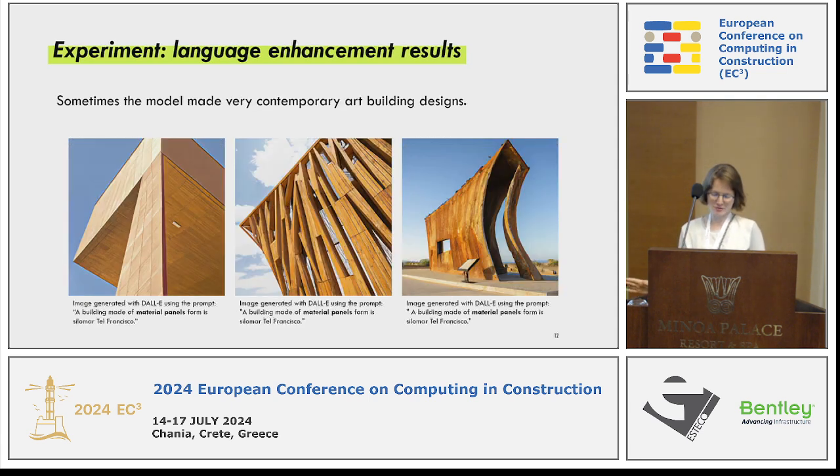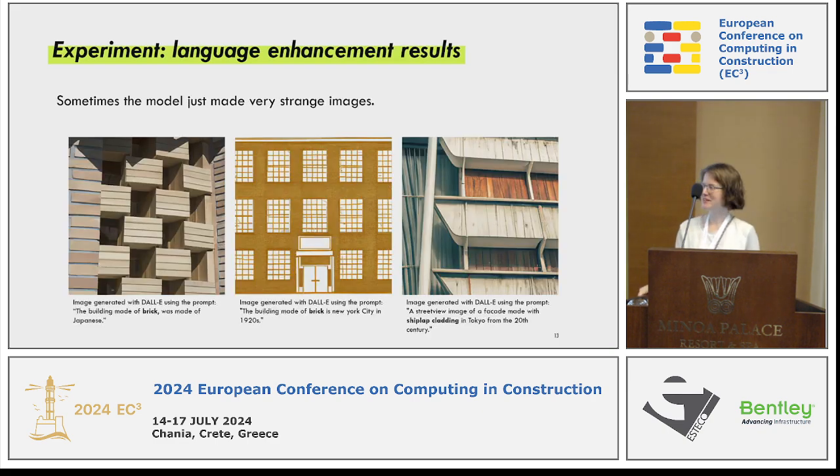Third, sometimes the model was very artistic and made these very contemporary artistic buildings. These also needed to be filtered out. And finally, sometimes the model made very strange images that have no relation to Google Street View, and these also had to be filtered out.